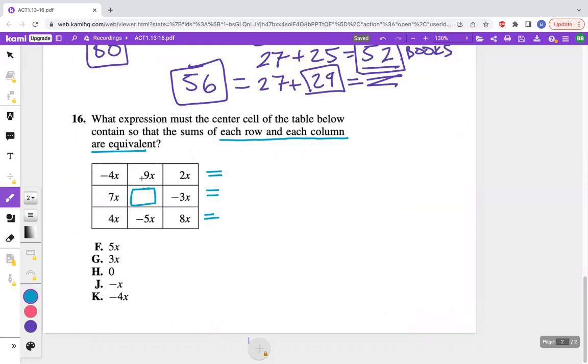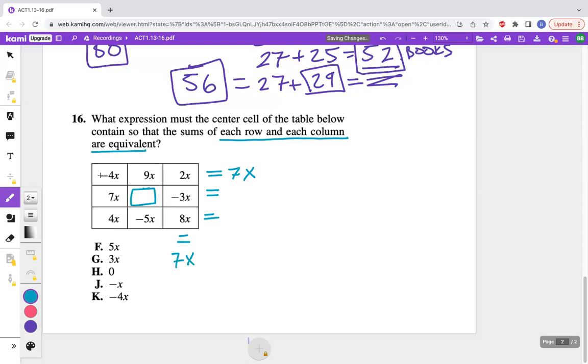So minus 4x plus 9x is 5x, plus 2x is 7x. And I'm the kind of person who just wants to confirm that. So maybe I'll look at this vertical column here and do 2x minus 3x is minus 1x, plus 8x is 7x. Okay, so at this point I feel pretty confident.